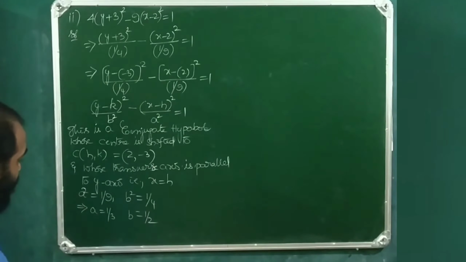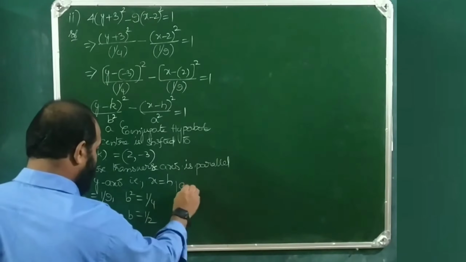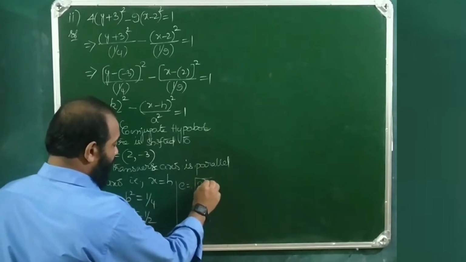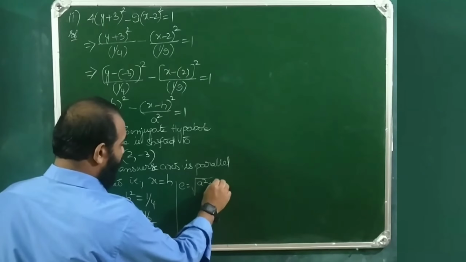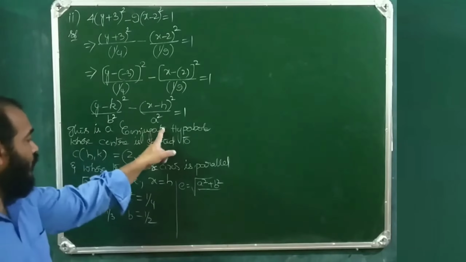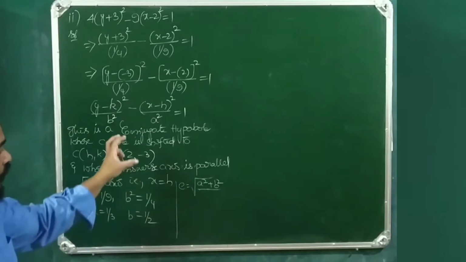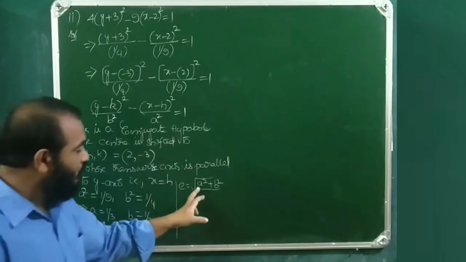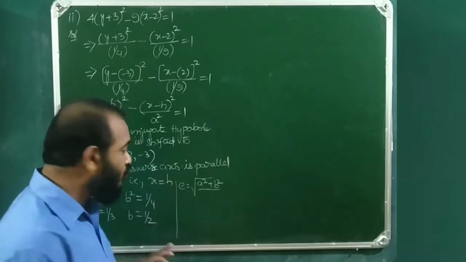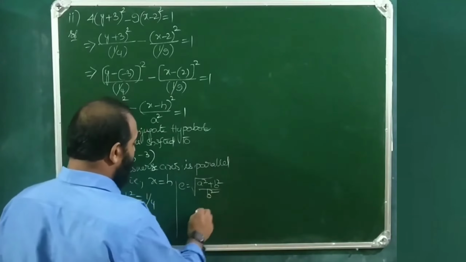Now the eccentricity e is equal to root of a square plus b square by, which is bigger here, b square or a square? Actually for the hyperbola it is a square plus b square by a square, but here it is a square plus b square by b square.